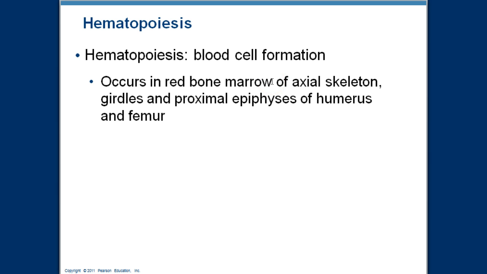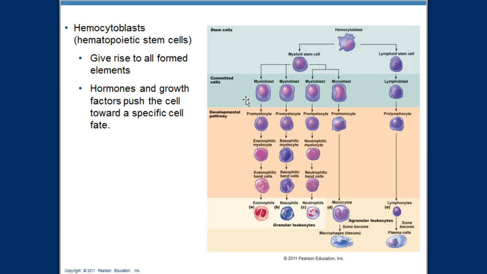You are going to see that some of your blood cells migrate to other parts of the body to complete their development, but they're born in the bone marrow. All of your red blood cells, white blood cells, and platelets ultimately come from the bone marrow. This is the red marrow that you find in the spongy bone of your bones. So the epiphysis of the humerus and the femur both have a lot of spongy bone, and other bones, I'm sure.